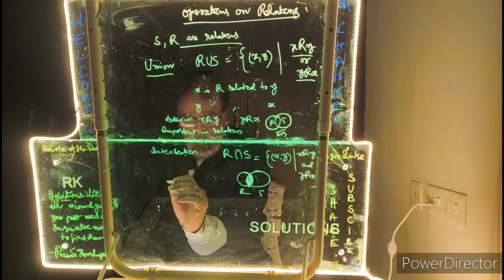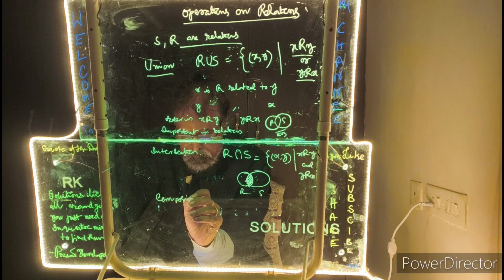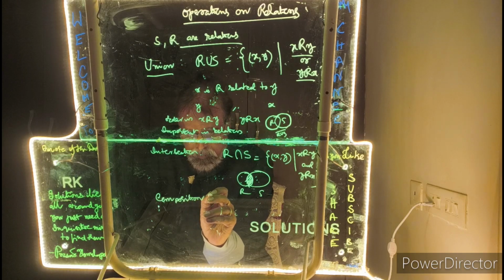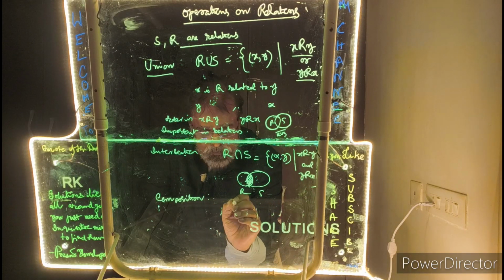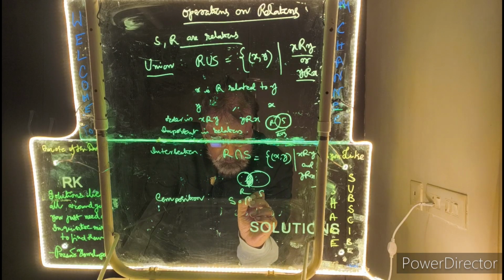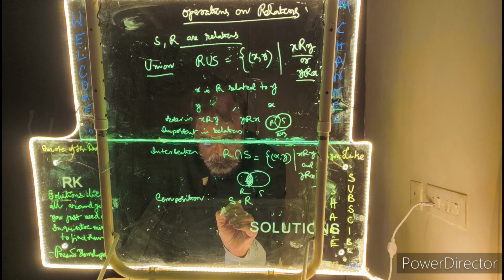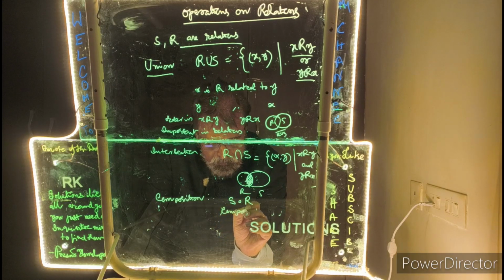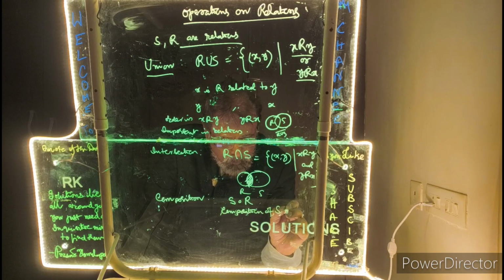Composition. The next operation is composition. Composition is denoted with a small circle. How do we read composition?